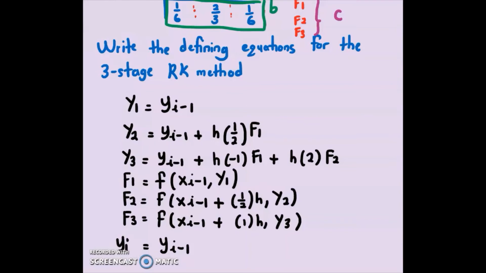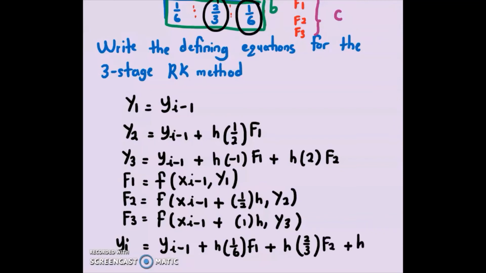Yi equals yi minus 1 plus, the b for my little y here, so I have 1 over 6 h of f1 plus 2 over 3 for f2, and lastly 1 over 6 for f3.